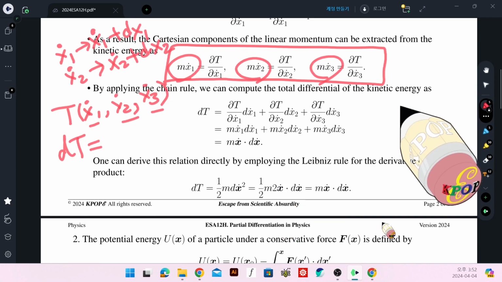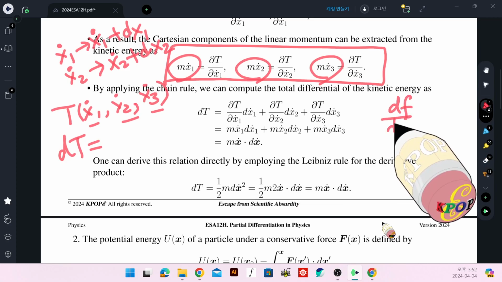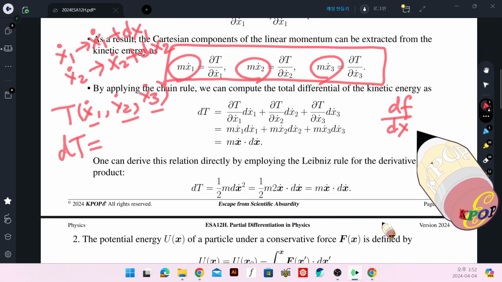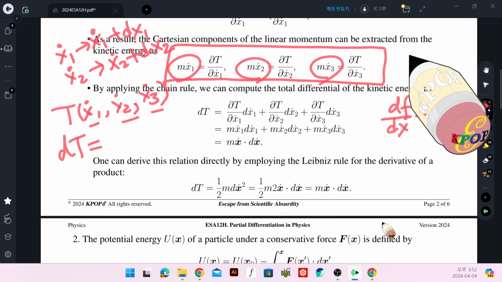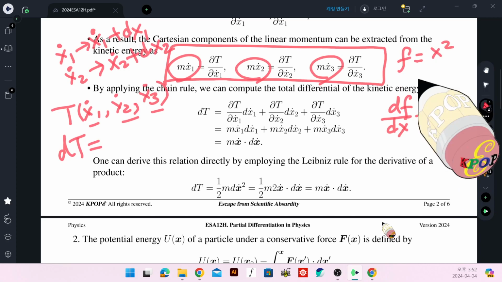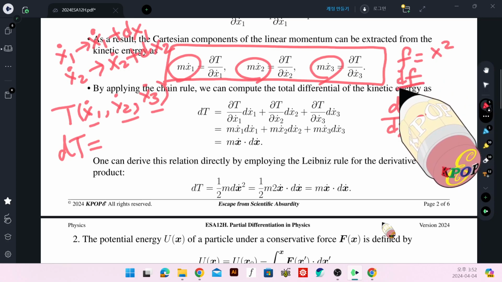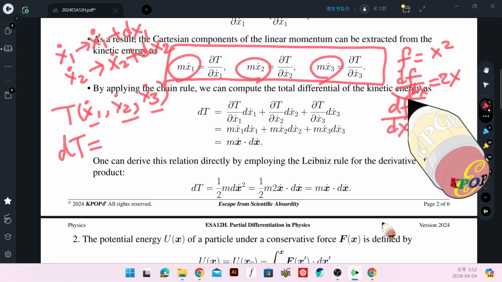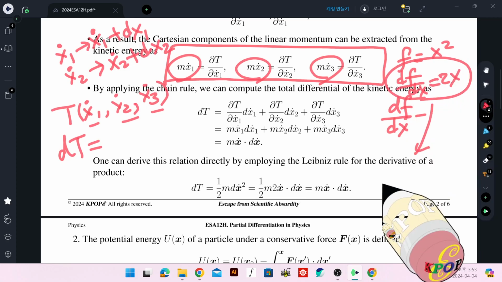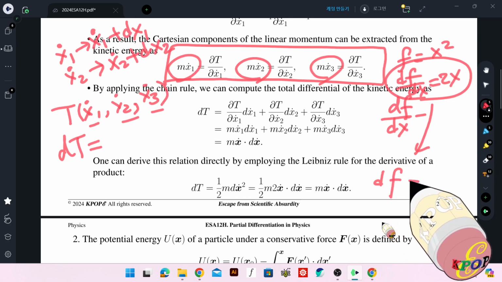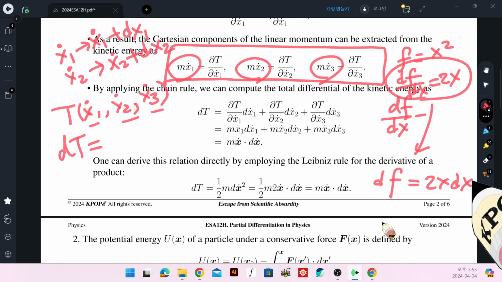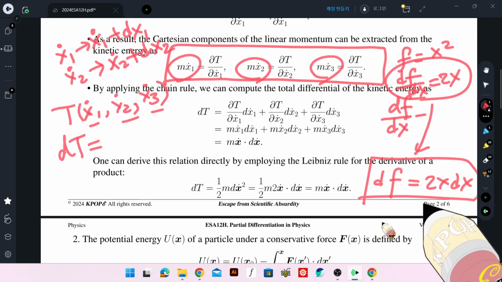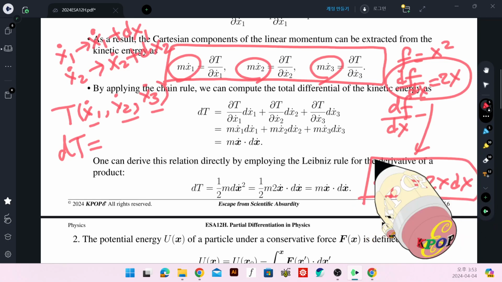We recall the derivative of a function f. So f equals x squared, then its derivative is 2x. So this can be written in the form df equals 2x dx. This is another way to express the derivative.